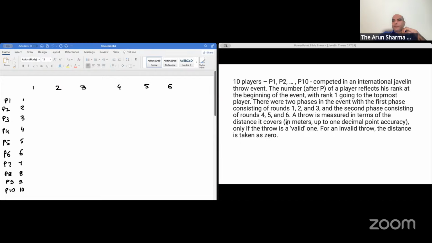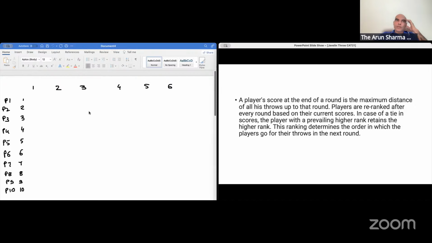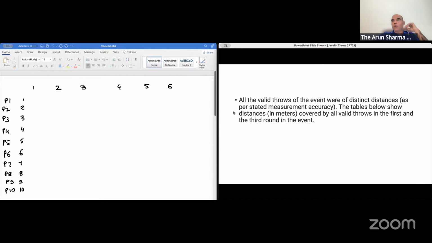And the question further says the player's score. Okay, this one we've already seen. All the valid throws of the event were of distinct distances. So when you read this, you automatically realize that there's no tie involved.